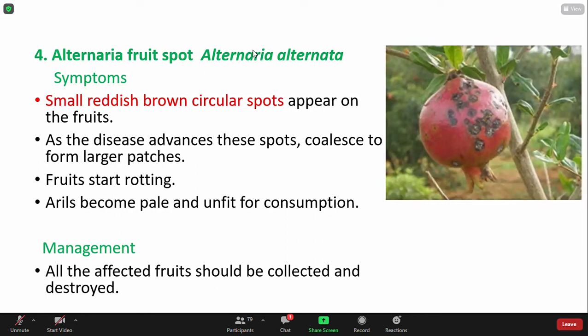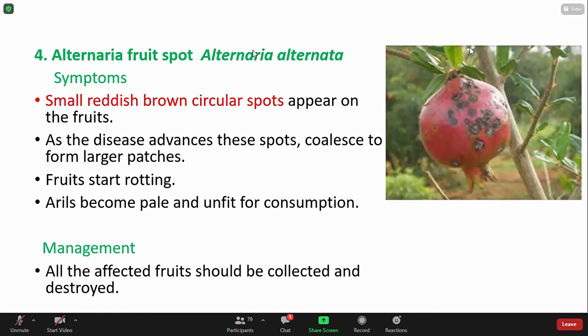And the symptoms are small reddish brown circular spots. Earlier we differentiated that: here small reddish brown, there we observed black color. Is it visible to you? Small reddish brown circular spots appear on the fruit. Then in the advanced stage, they join together to form large patches.